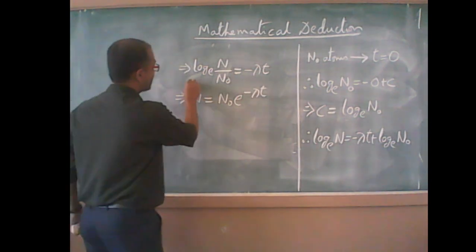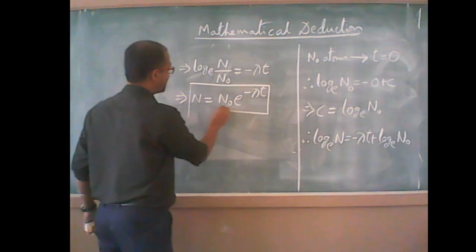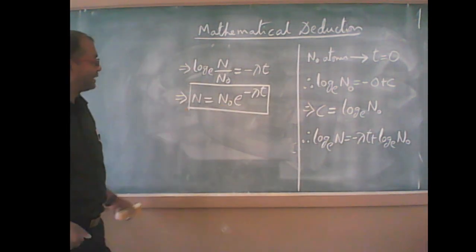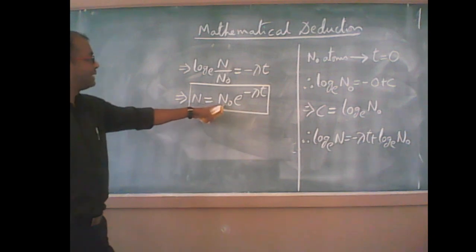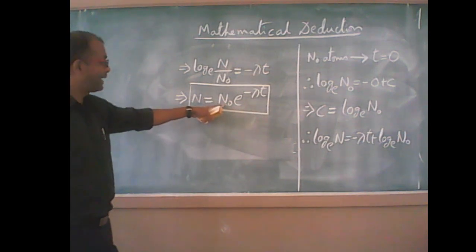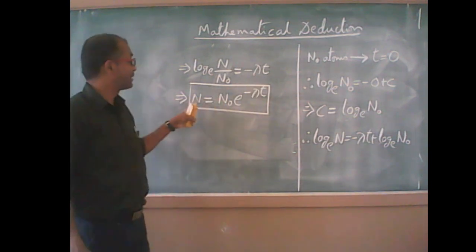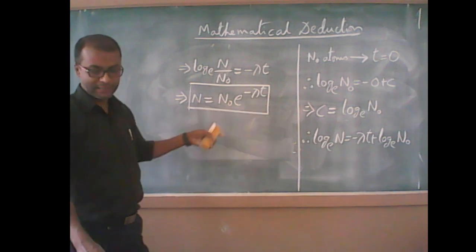This is a very important expression. This basically represents the law of radioactive disintegration mathematically. So if n0 is the initial number of atoms of the element present, then with time the number of atoms reduces exponentially.